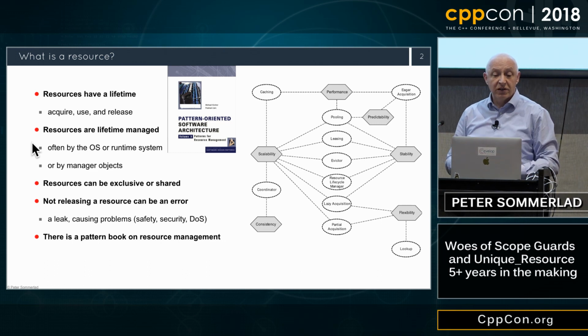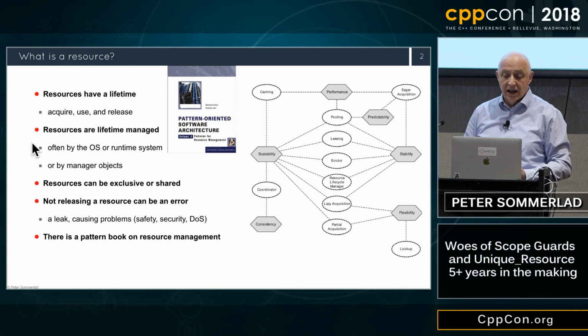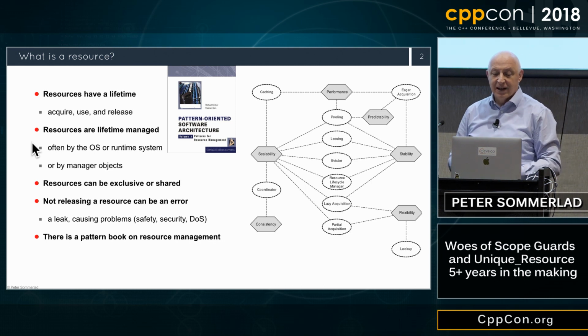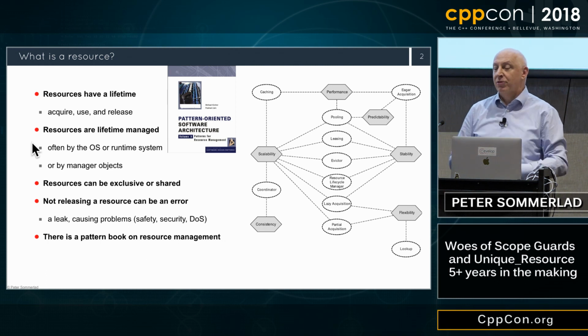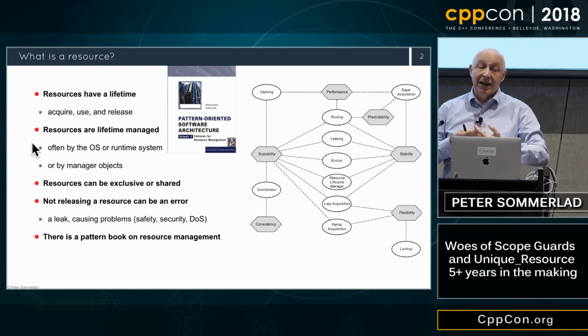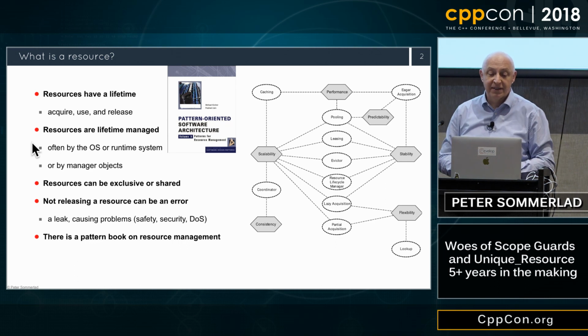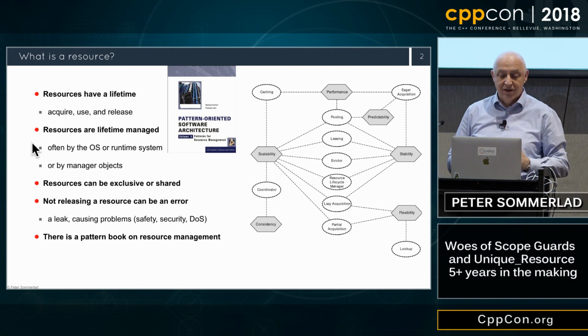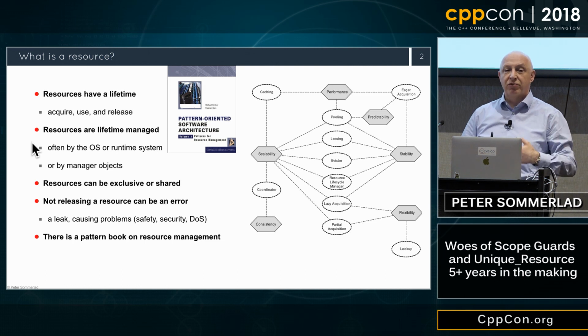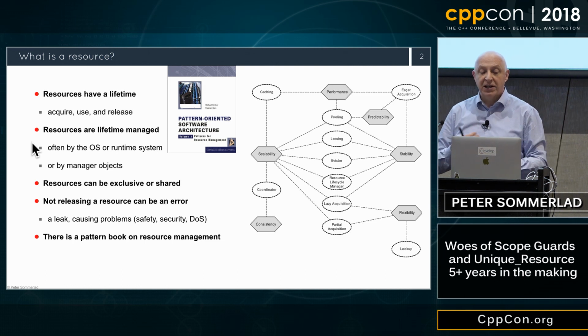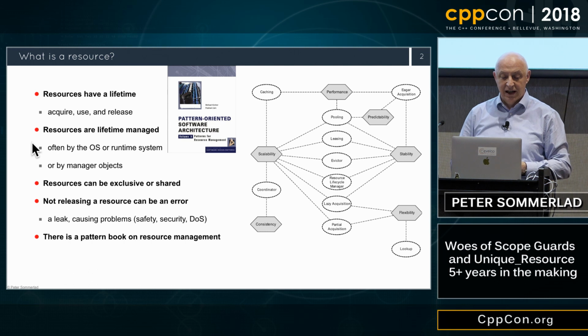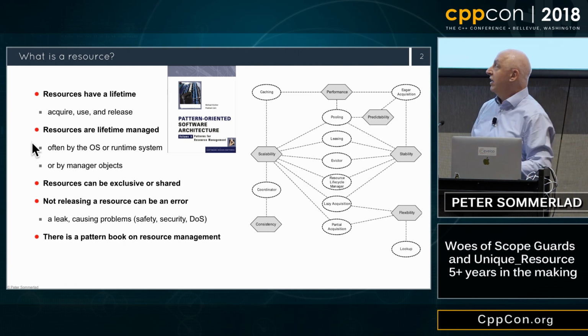Resources can be exclusive or shared, and the shared part is interesting, especially for something like memory. If I have many people or many threads or objects in the program sharing a whole global heap space, that can be contentious, and you end up having problems if you don't manage the life cycle correctly. And usually not releasing a resource can be an error.